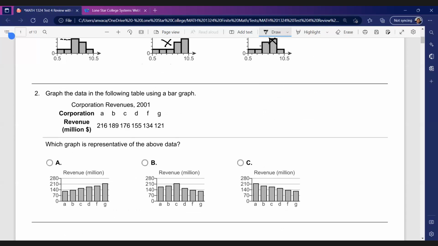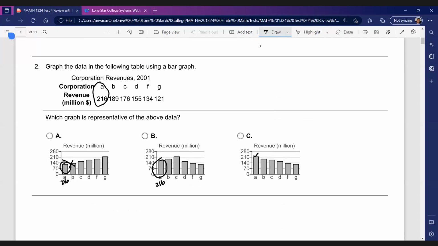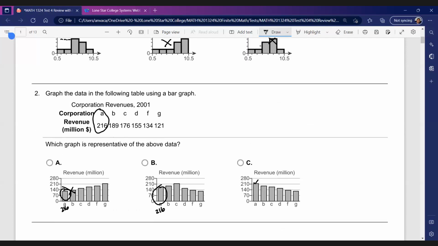This value is supposed to be 216, given our data here. That's not right. This doesn't look right at all. Again, that's supposed to be 216. That looks about right. Are there any other options besides this? No, that's it. So I'm going to say the answer is C, but I'm going to double check this.